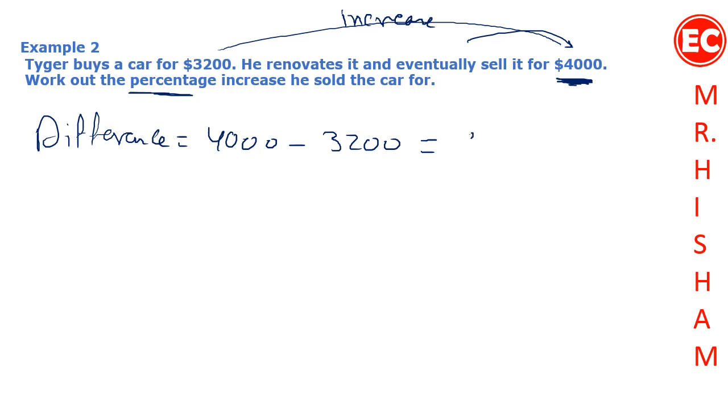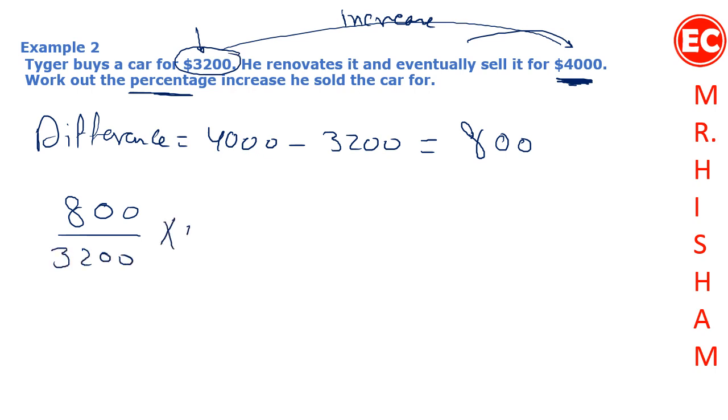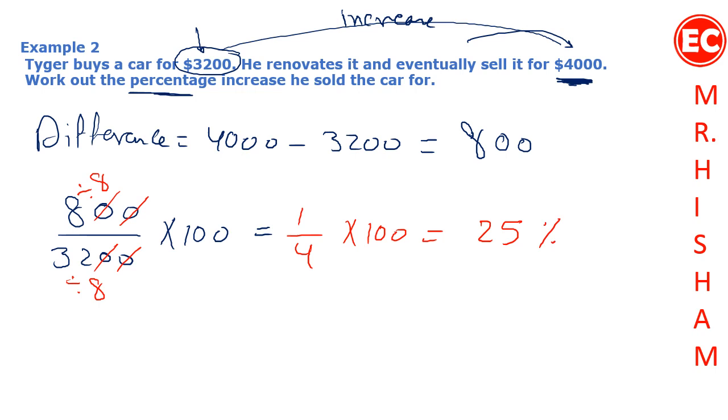It's equal to $800. So I need to divide 800 by the original, and the original here is 3,200, and multiply the answer by 100. By cancelling the 2 zeros of the 800 and the 3,200 and dividing up by 8 and down by 8, it will be 1 over 4 multiplied by 100, which is equal to 25%. So the percentage of increase is 25%.